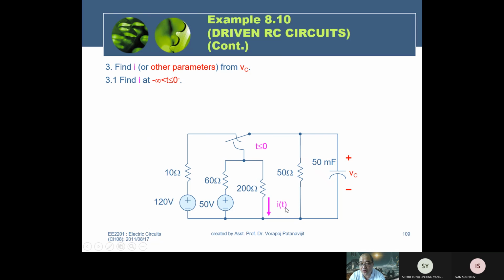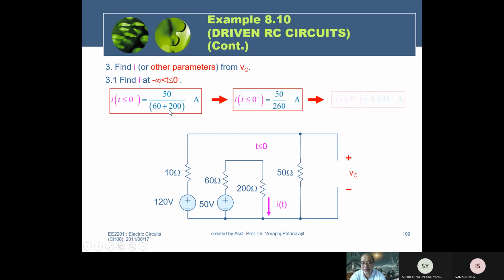Therefore, the current that flows in here is not affected from the outside. It depends on the 50 volt and the 60 ohm and 200 ohm. Therefore, the current flowing in this part will not be affected by the other. Therefore, from Ohm's law, I equals V divided by R.